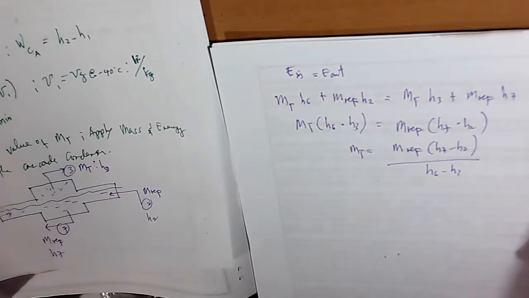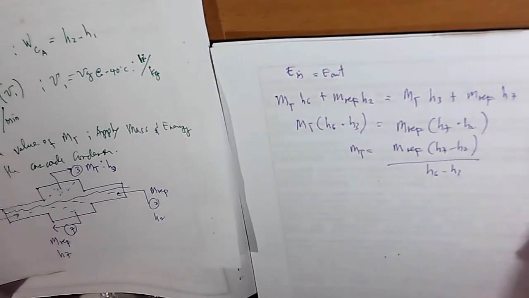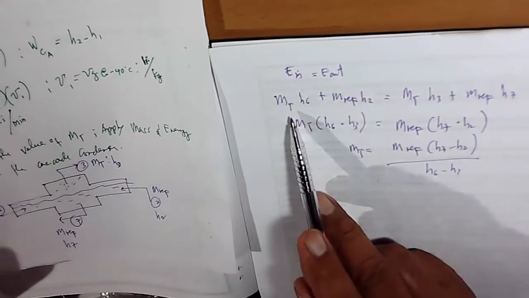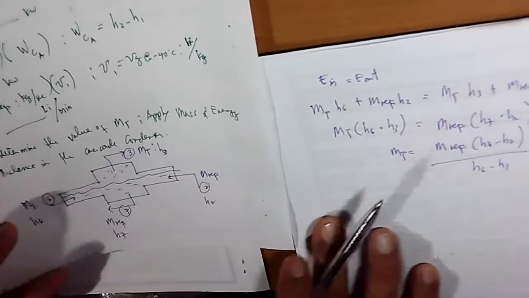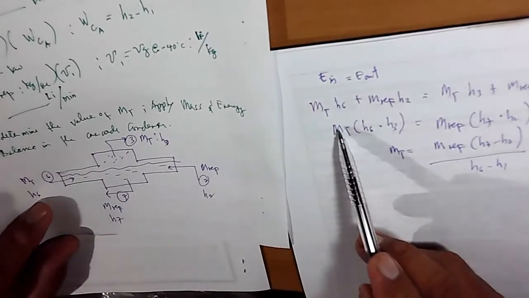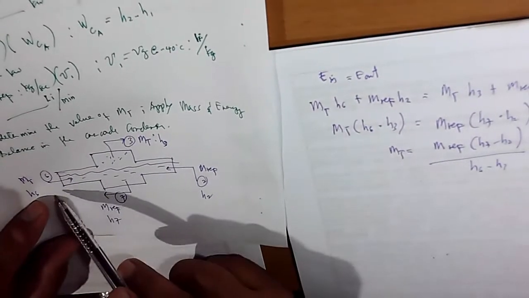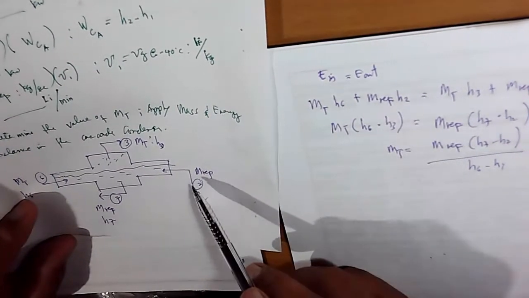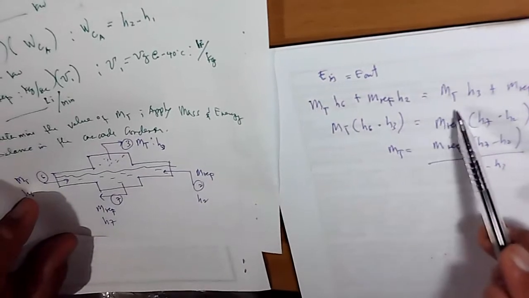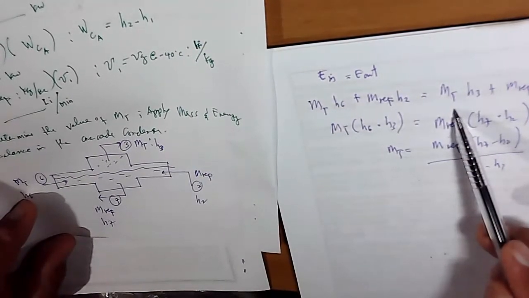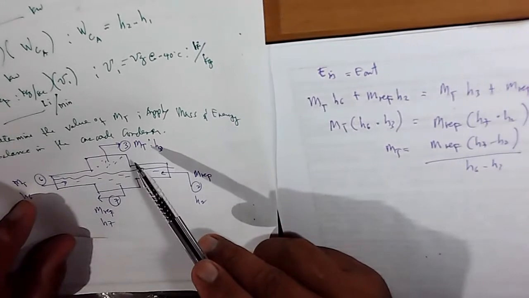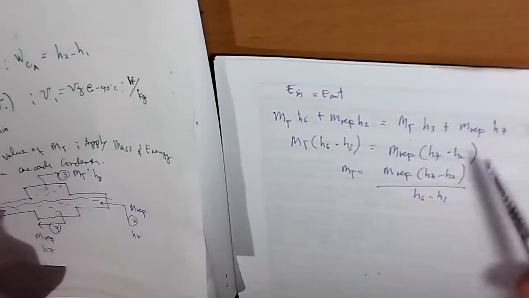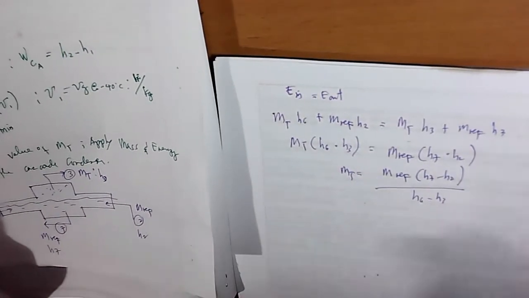Do I have the right manipulation? Again, mT H6 going in, as well as mREP H2 going in, mT H3 is going out, as well as mREP H7 going out.